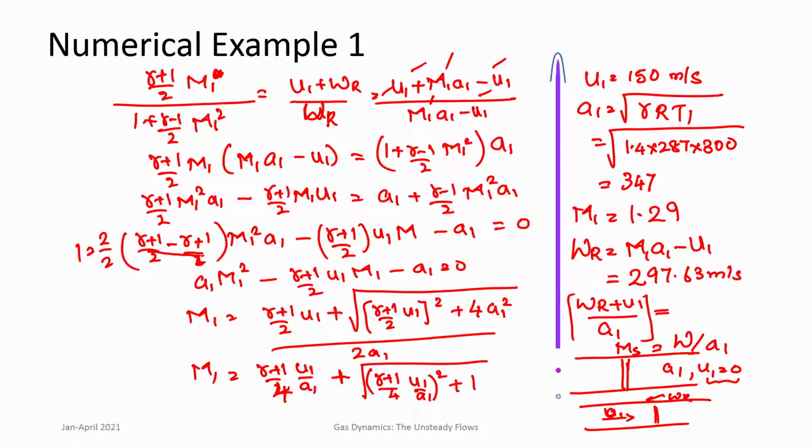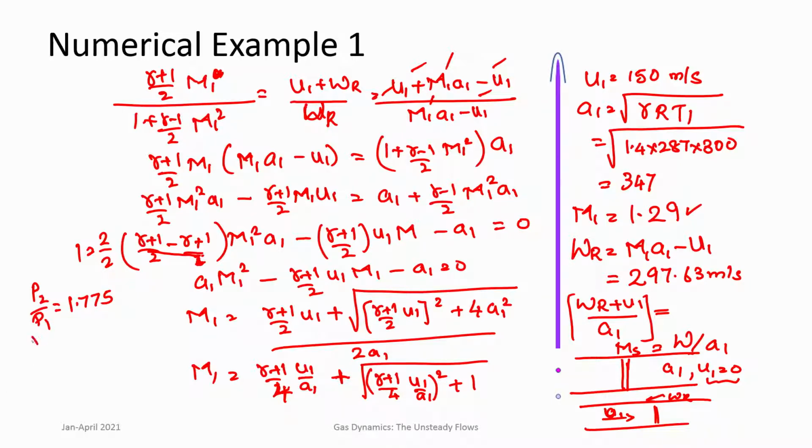So, we still have the values for pressure and temperature behind the shock. Once you know M1, it is straightforward. You just have to look at either the tables or a calculator and find out what is P2 by P1. We know M1 is 1.29, P2 by P1 is 1.775.